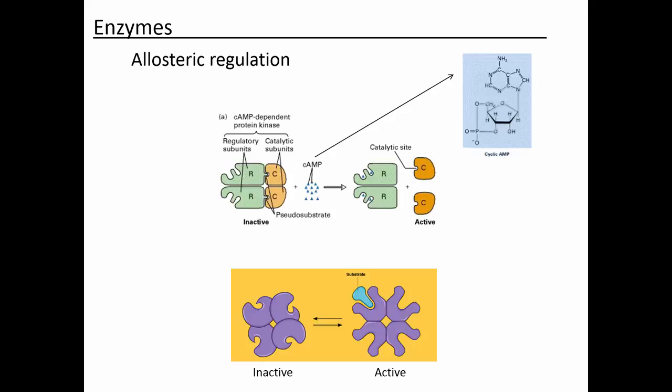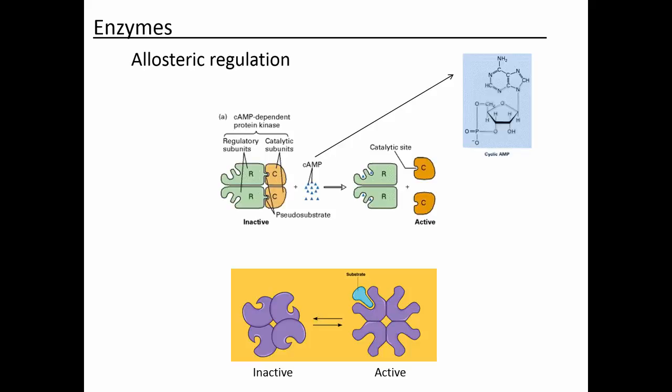So what you have here is a multi-subunit enzyme, and specifically they call two of the subunits regulatory subunits because they're involved in regulating the part of the enzyme that actually has the active site. And the part that has the active site you call the catalytic subunits.